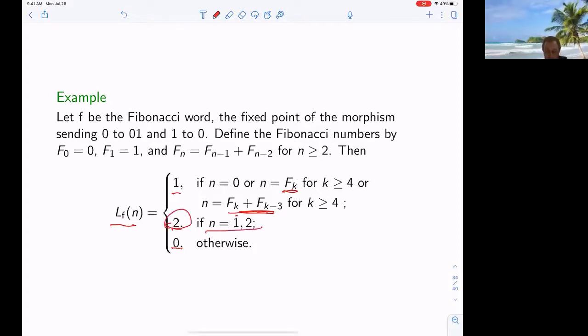Then it's 2 for just a finite set of values, and then it's 0 otherwise. I don't have a good understanding of how Jeff was able to compute this, but I guess there's some way of handling morphic sequences embedded in Walnut. But this is another illustration of this question.